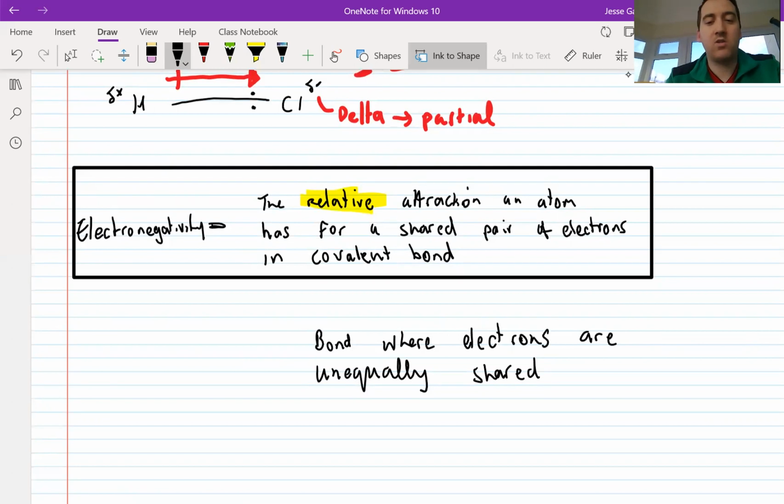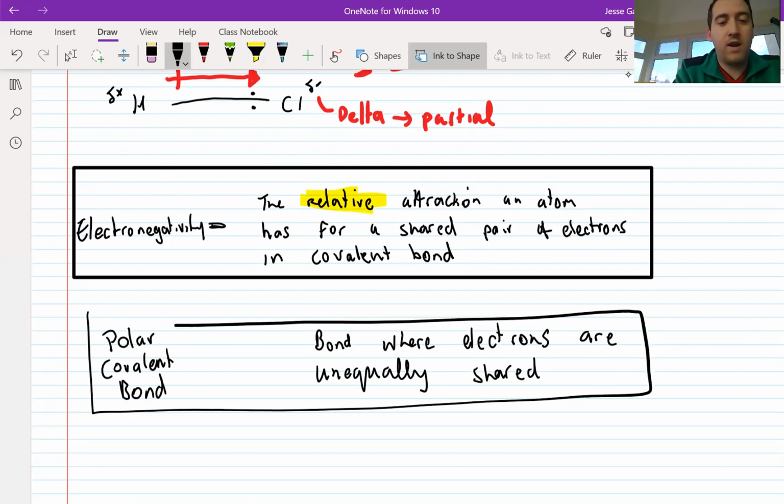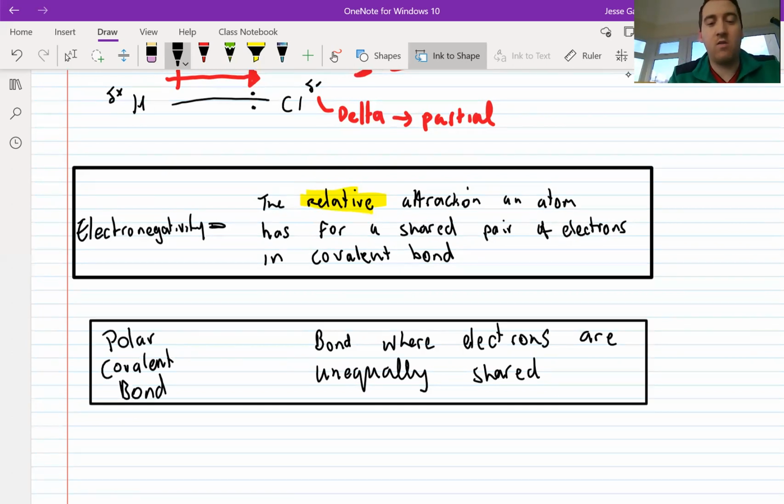So bonds where electrons are unequally shared, we call this type of bond a polar bond, because we're creating poles. It's still covalent because electrons are still being shared. So a polar covalent bond is a bond where electrons are being unequally shared.